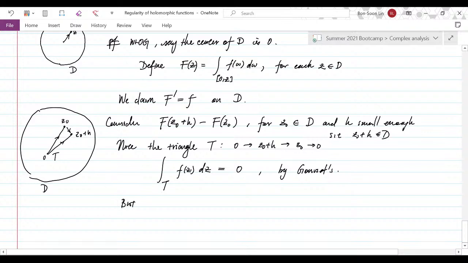Now, notice this triangle, it really is just these 3 pieces, right? From 0 to, so what did I say, z. So I did this in a counterclockwise way, so yeah, sure, doesn't matter.